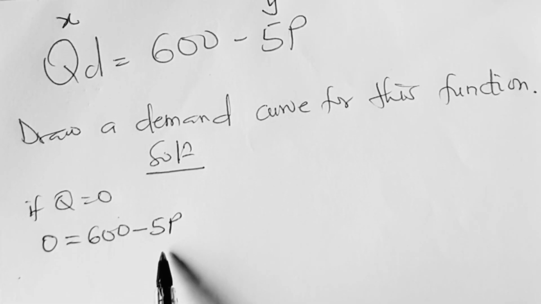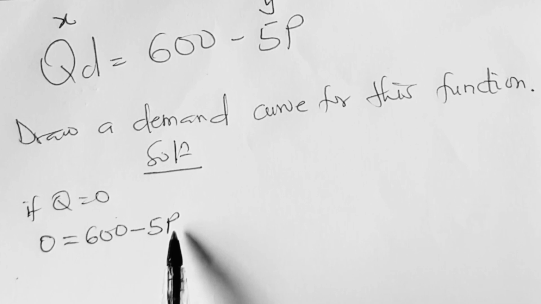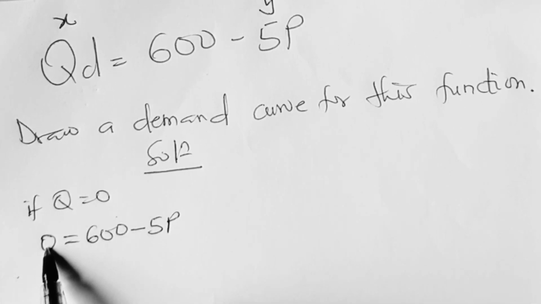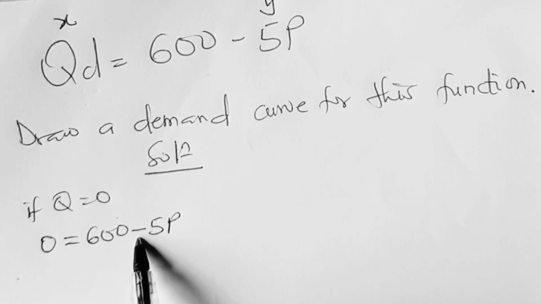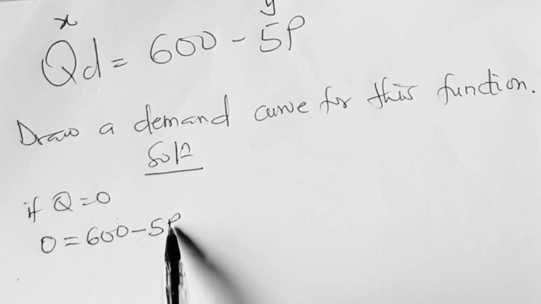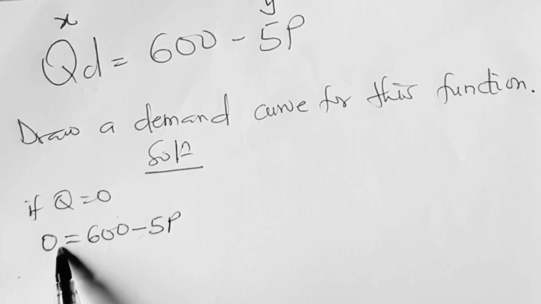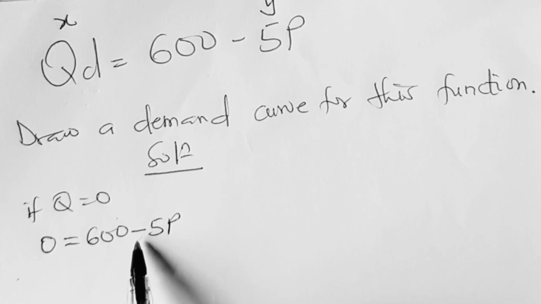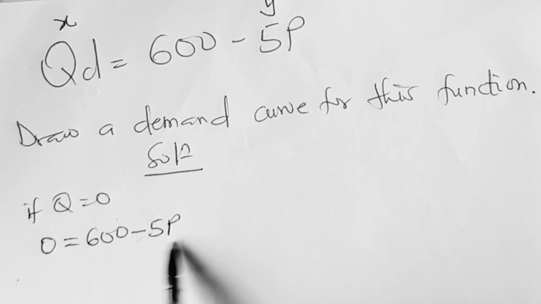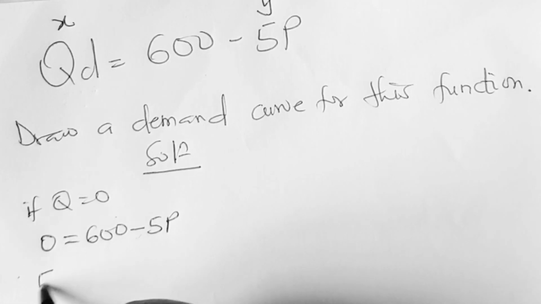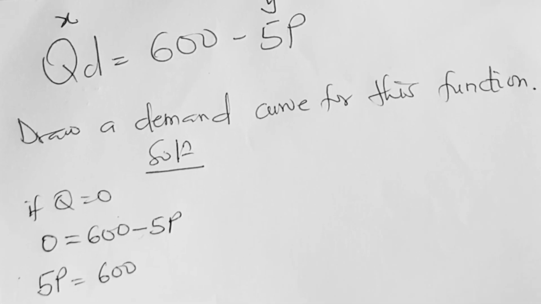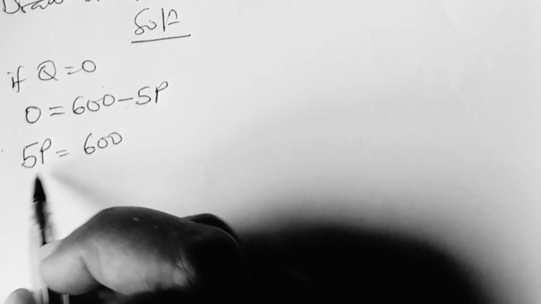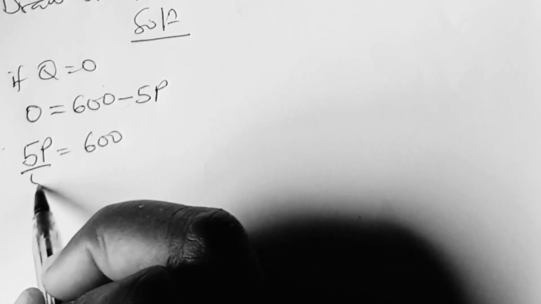Now we are looking for p. Therefore, we send 5p to the other side of the equation. The sign here is a negative sign, so if it is crossing the equation sign, it automatically becomes a positive figure. So 5p equals 600. We want p to stand alone, therefore we divide through by 5.